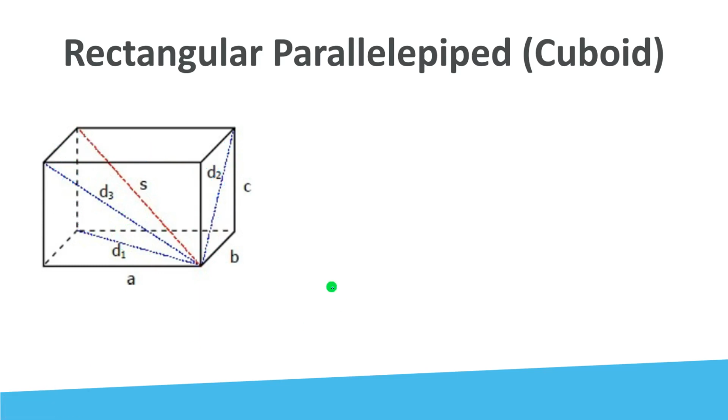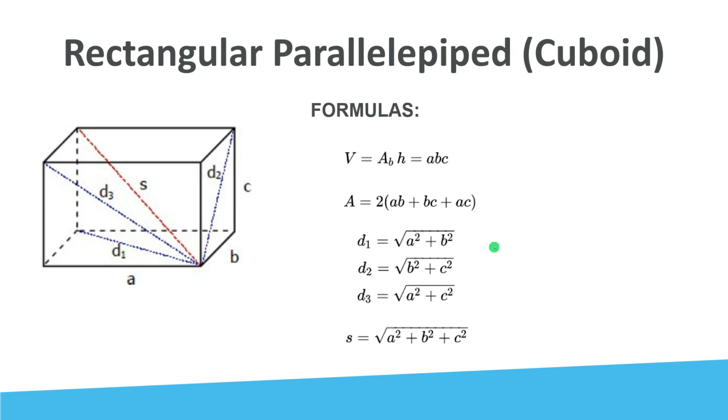The same formulas apply in deriving the volume, the surface area, the face diagonals, and the space diagonal. We just use the Pythagorean theorem by forming right triangles along this solid.